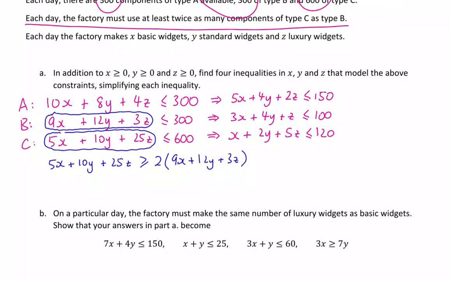So now what I want to do is simplify this inequality. So I'm going to multiply it out. So 5x plus 10y plus 25z is greater than or equal to 18x plus 24y plus 6z.